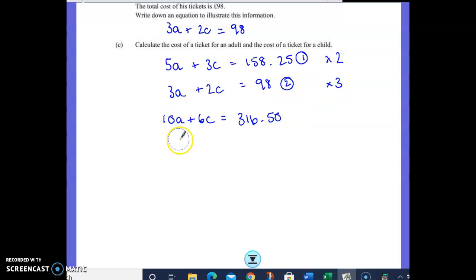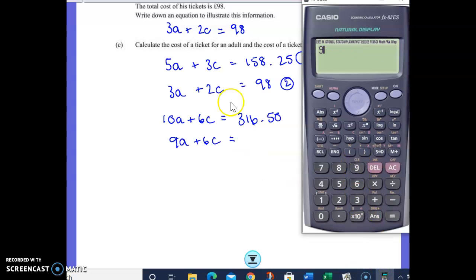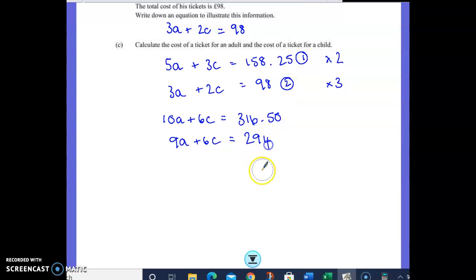Equation 2, I'm timesing by 3, so I get 9A plus 6C is 98 threes, 294. The bits that we made the same are the ones in the middle. Got a plus 6C and a plus 6C, the same sign, so I need to subtract. 10A take away 9A is A, 6C take away 6C is 0.